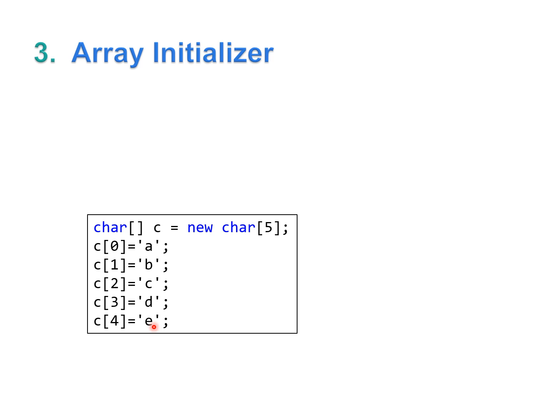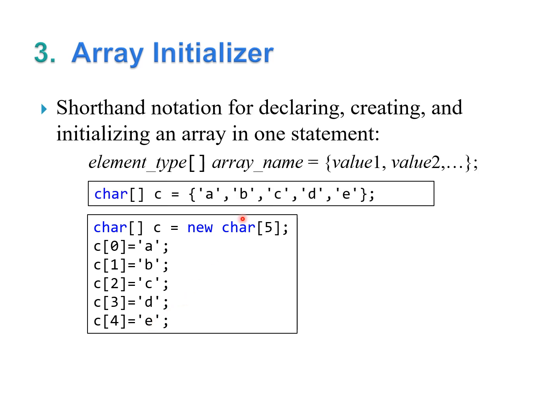To make array initialization more convenient, Java has a shorthand notation known as array initializer, which combines the declaration, creation, and initialization of an array in one statement using this syntax. This syntax is similar to declaring and creating an array in the same statement, but instead of using the new operator, we provide a list of values that will be the initial values of the array elements.